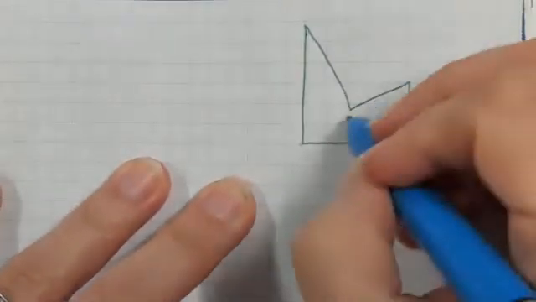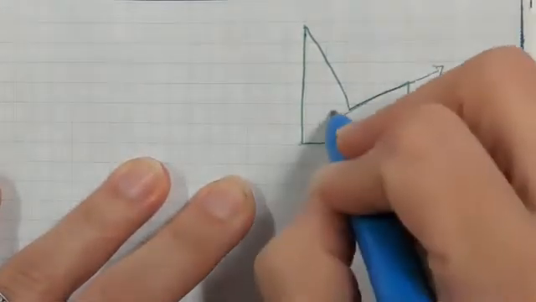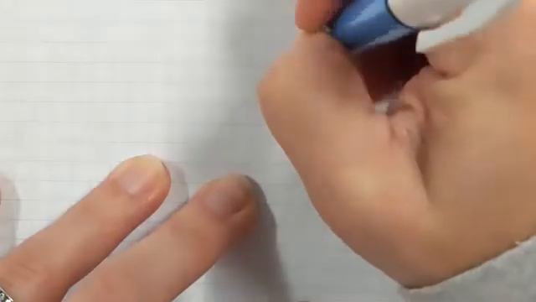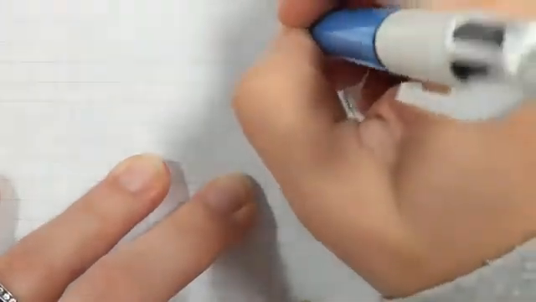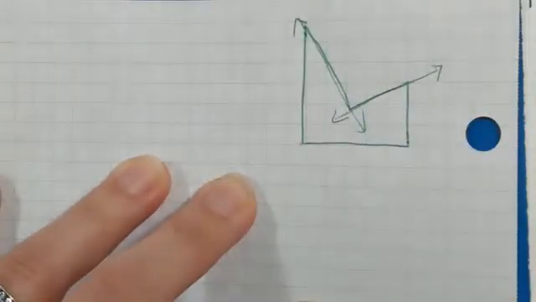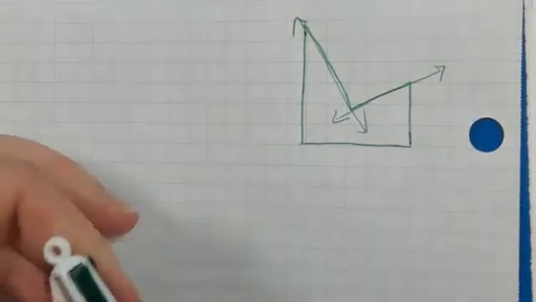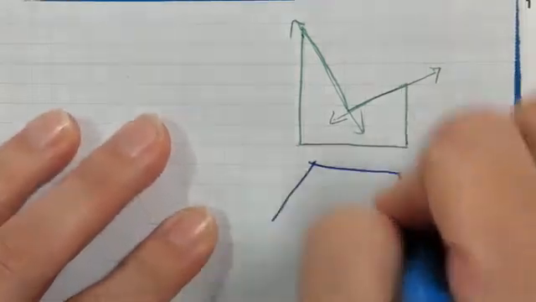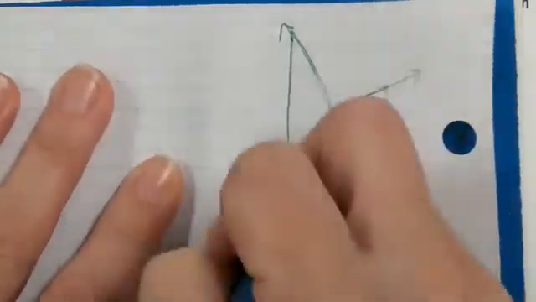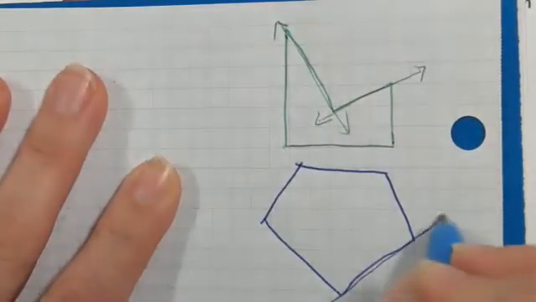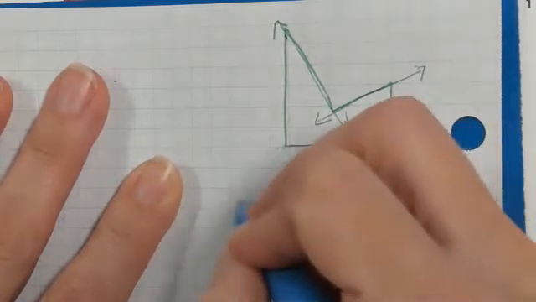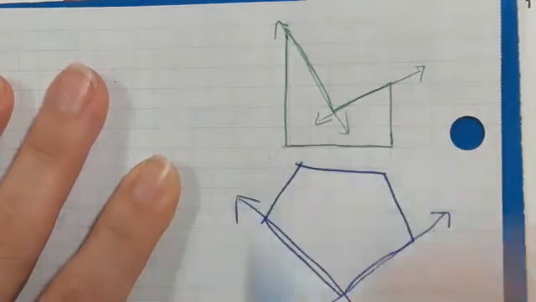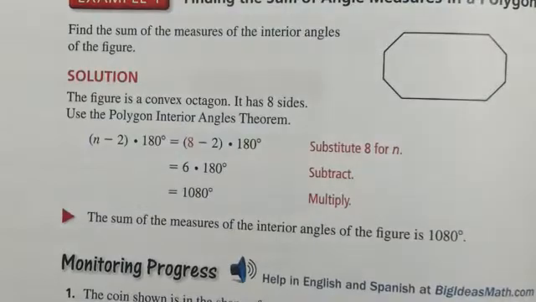Remember, it caves in. Some of our rays from our sides cross to the inside, so it's concave. Whereas a convex polygon could be anything like this. None of these cross to the interior. So it is convex.